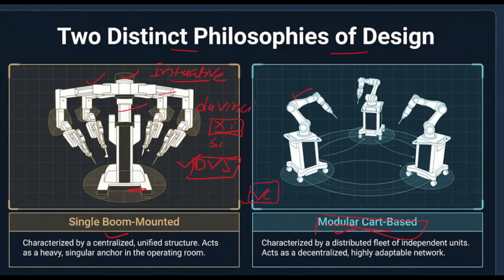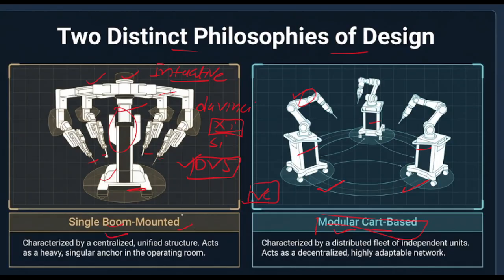In a single boom, all the arms are attached to one boom. In the modular design, all the robotic arms are connected independently, so the number of wires is increased. In single boom mounted, the OT footprint is very small, so that's why it's a successful model.